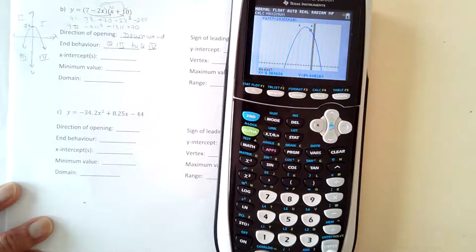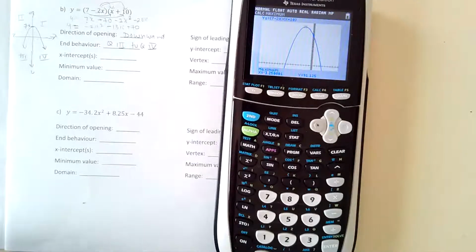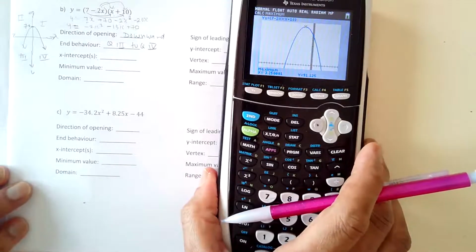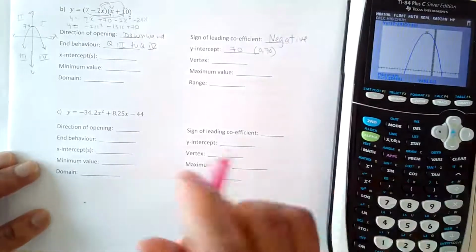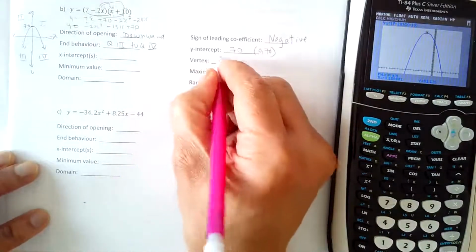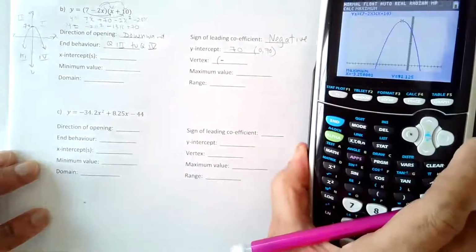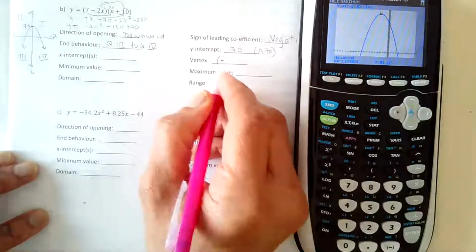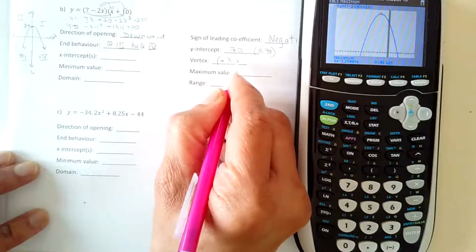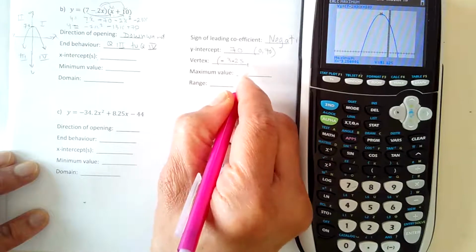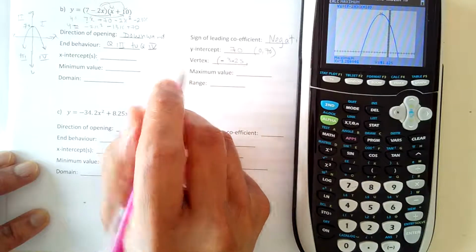Press enter 2 more times, and your vertex is negative 3.25, 91.125. Okay, so that's your vertex. Let's put that down: negative 3.25, and y is 91.125.